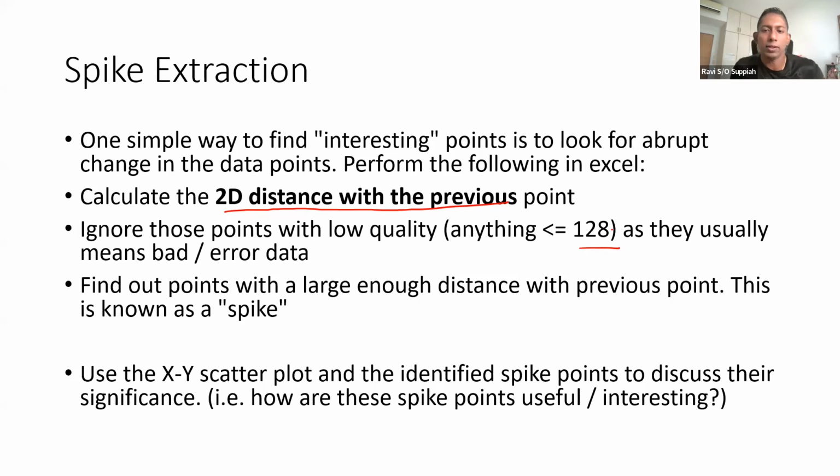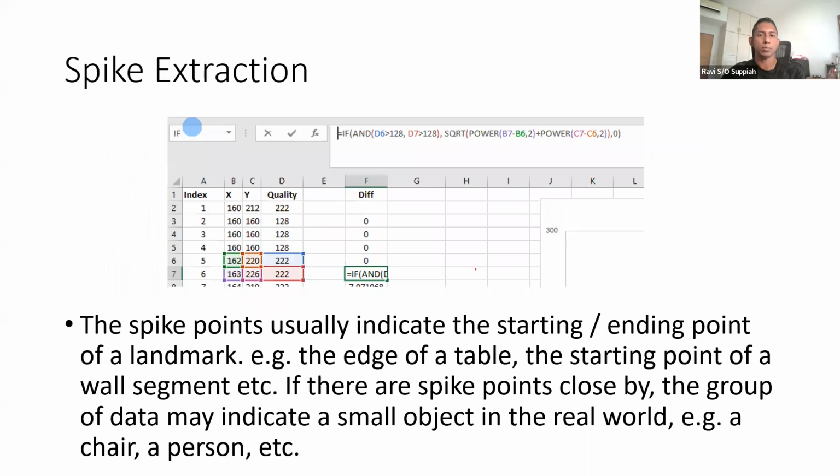Because any value smaller than 128 is treated as noise or error. That is the first activity you're supposed to do: calculate the difference using a formula. This is basically Pythagoras' theorem. You take the distance between any two points, but only do it if it is greater than 128.